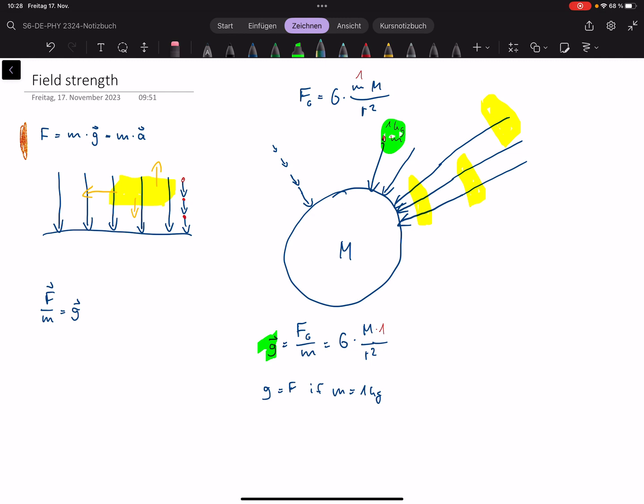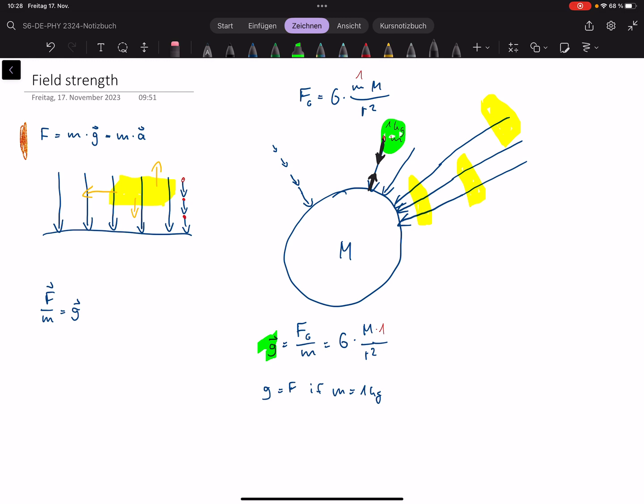Of course, we have to keep in mind that the attracting force is acting in both ways. So also the Earth is attracted by this 1 kilogram, and they are equal. Both forces need to be equal. That's what we know from Newton's laws.